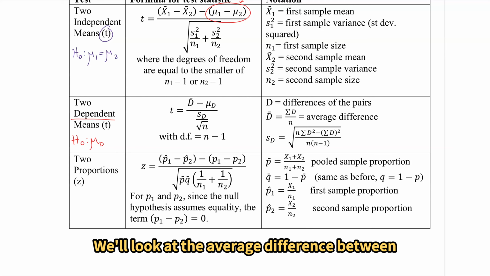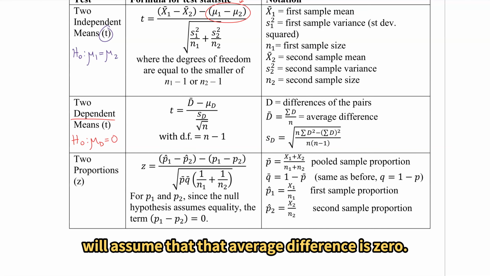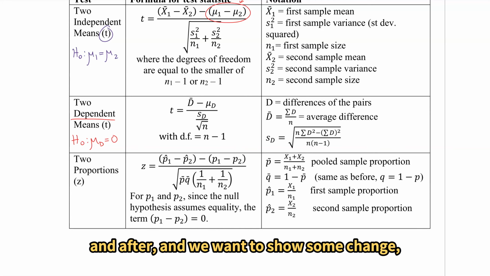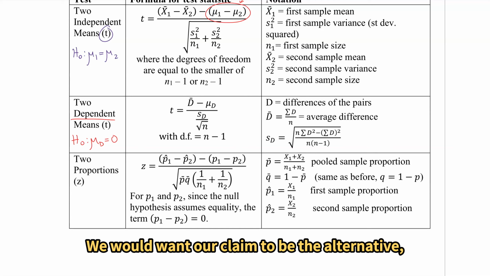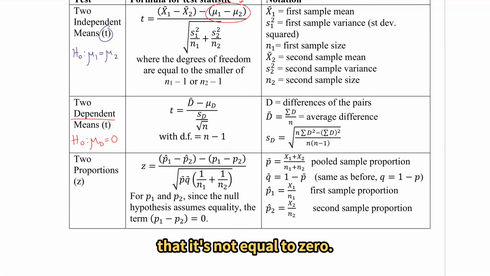We'll look at the average difference between the two populations, and our null hypothesis will assume that that average difference is 0. So if we're looking for some kind of before and after, and we want to show some change, we would want our claim to be the alternative, that the average difference is significant, that it's not equal to 0. And with the dependent means, the d bar is the average difference.